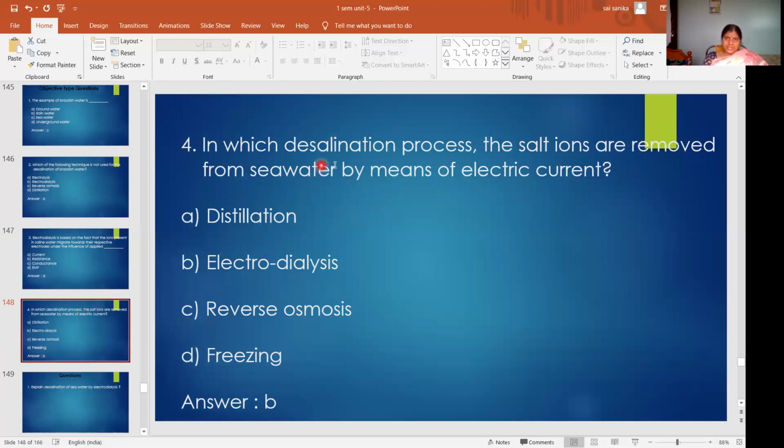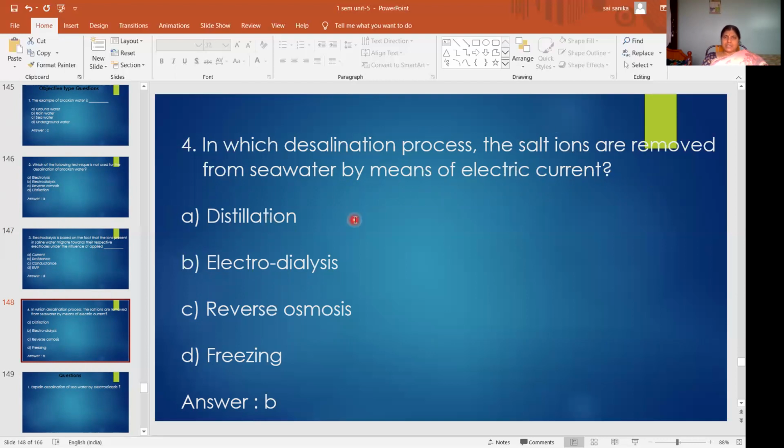In which desalination process are the salt ions removed from seawater by means of electric current? This is a reverse question. That means by applying electric current, in which process are we removing the salts from seawater?